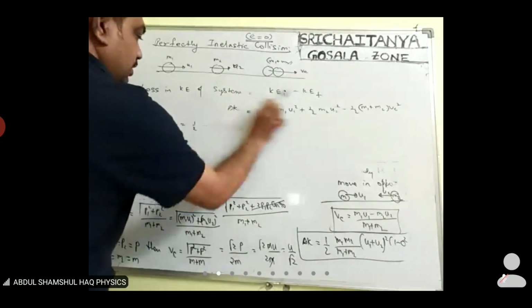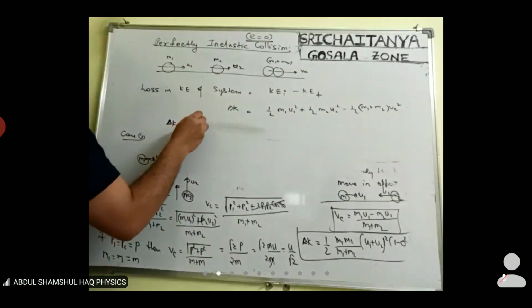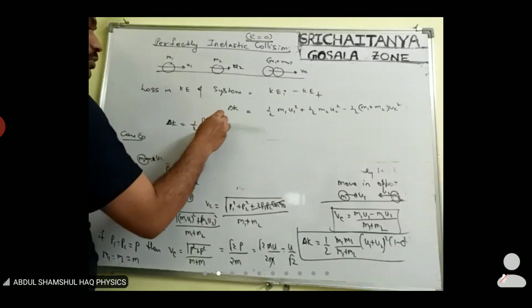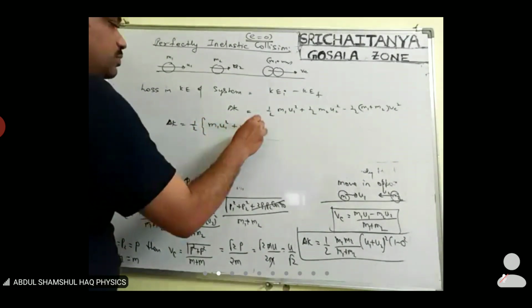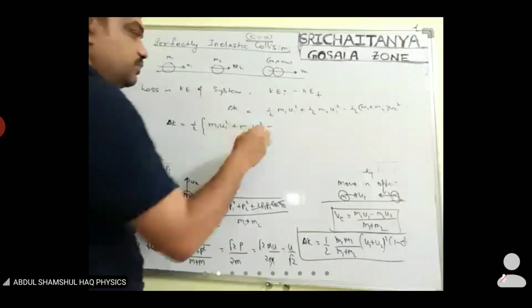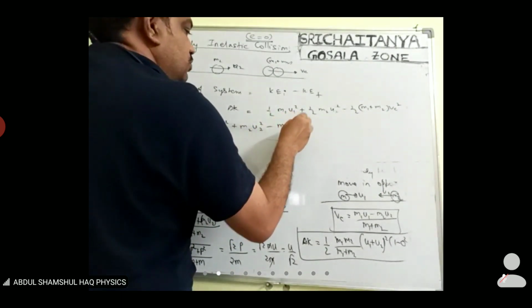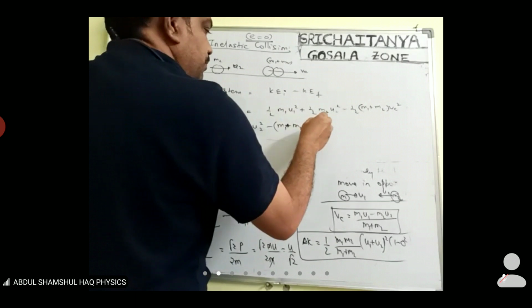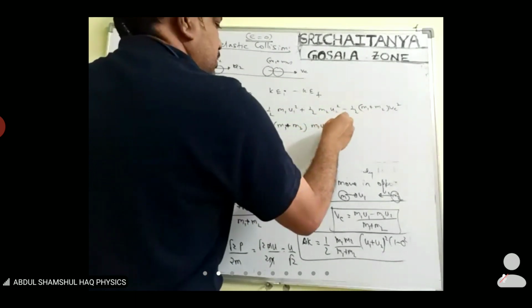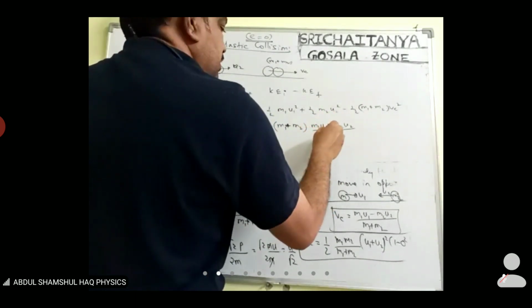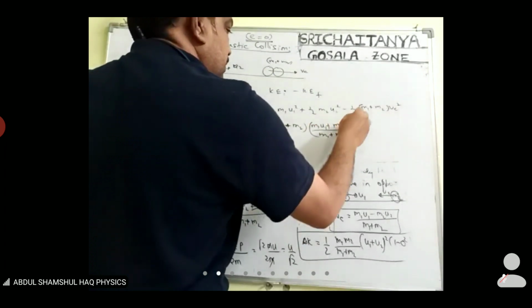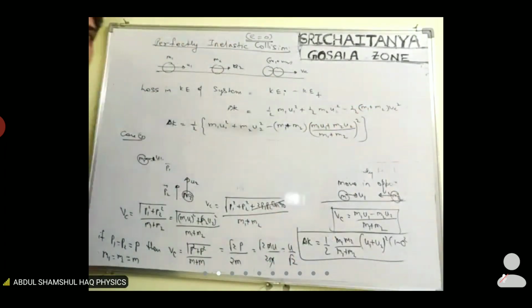V common is nothing but (m1 u1 plus m2 u2) divided by (m1 plus m2). So delta K is half m1 u1 square plus half m2 u2 square, minus half (m1 plus m2) into (m1 u1 plus m2 u2) divided by (m1 plus m2) whole square. Like this.